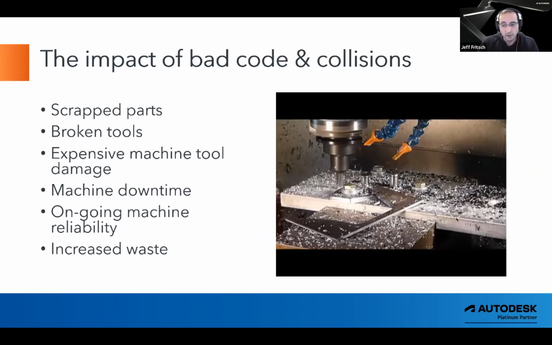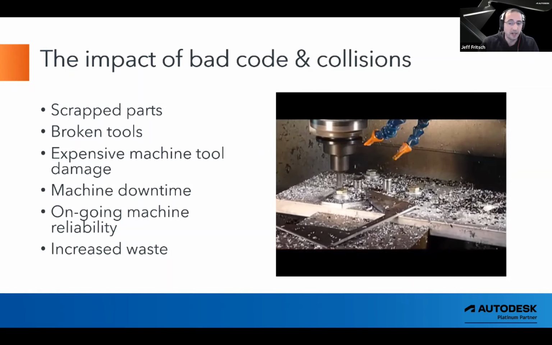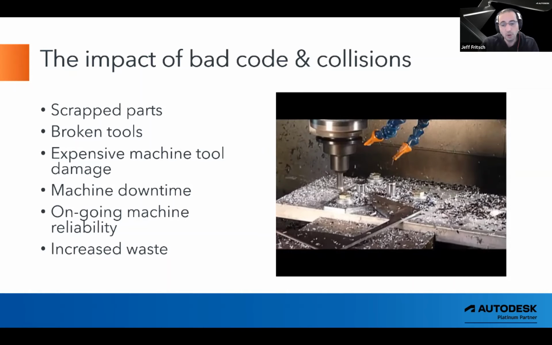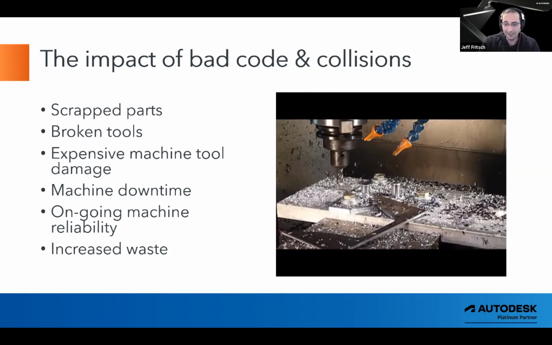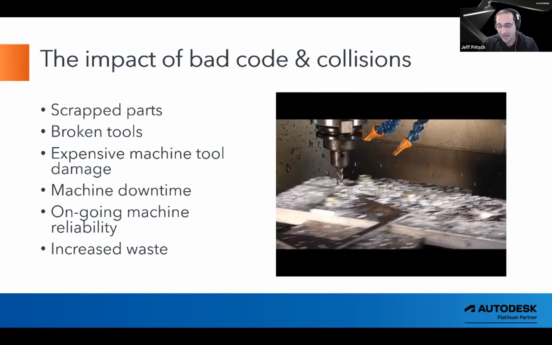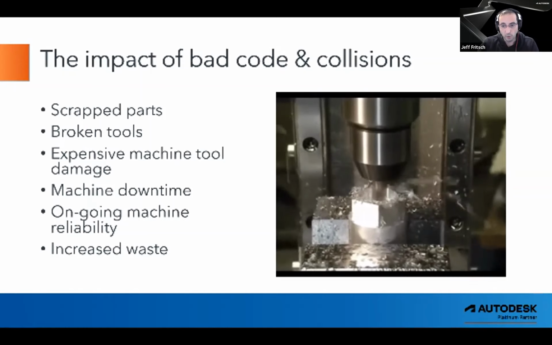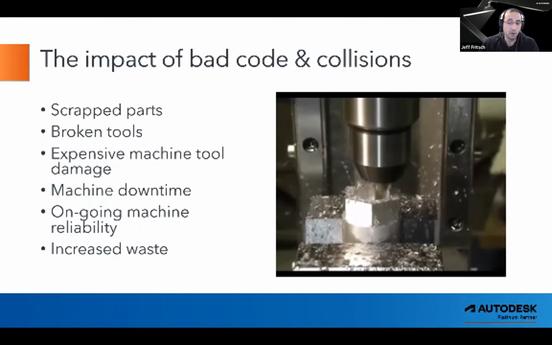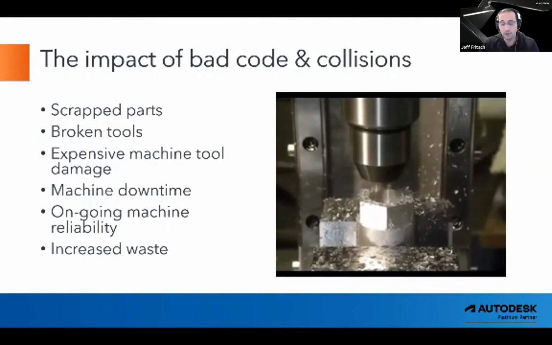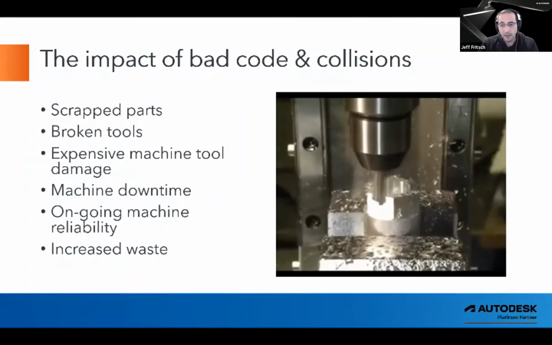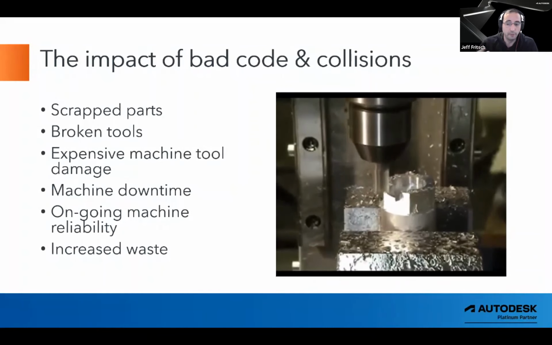Whether that is fairly low impact in terms of having a broken tool, like this one that's just getting snapped, but that can also have a real impact on the overall operation of the shop as a whole if there is a full-on machine crash, which we have seen happen over the years, or there's a number of repeat scrap parts. So as a whole, this has a real financial impact on the actual operation of the shop.